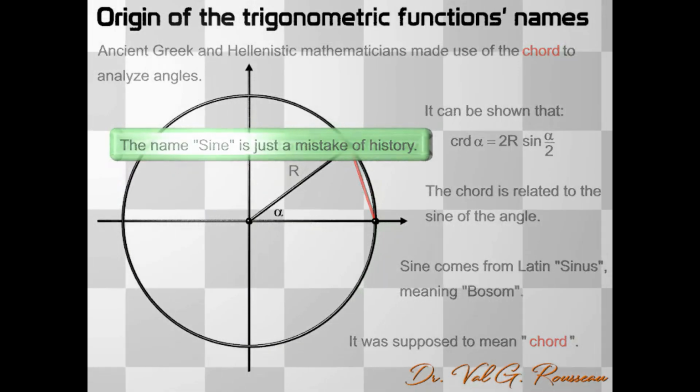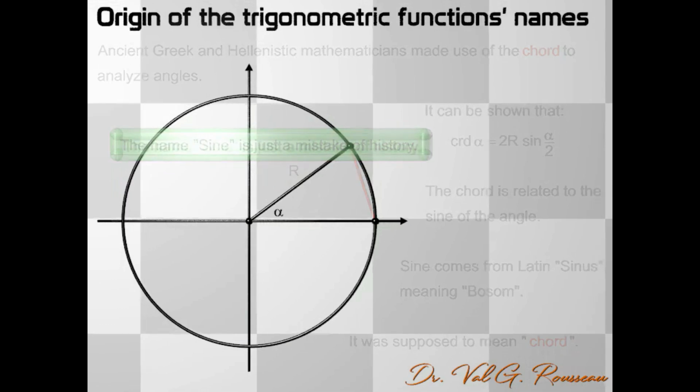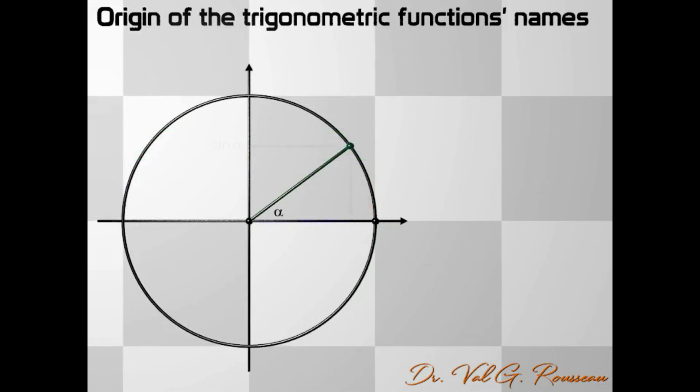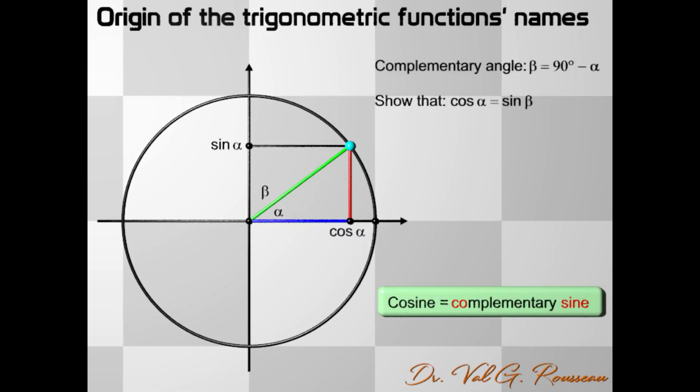On the other hand, relative to this mistake, the name cosine is perfectly well justified. To see why, let us go back to our unit circle. By definition, the complementary angle beta is equal to 90 degrees minus alpha. If you apply the addition formula, actually the subtraction formula, to calculate the sine of beta, you will find that it simplifies to cosine alpha if you remember that the sine of 90 degrees is 1 and the cosine of 90 degrees is 0.